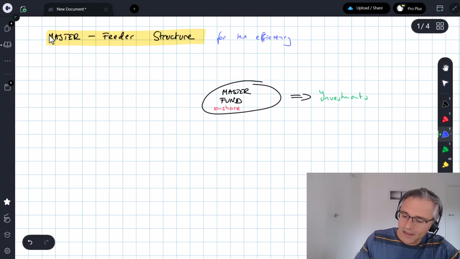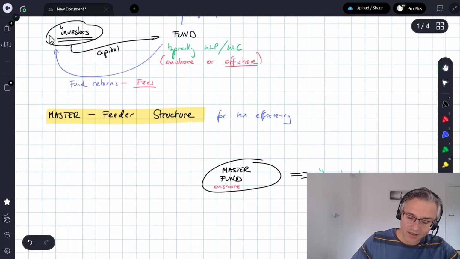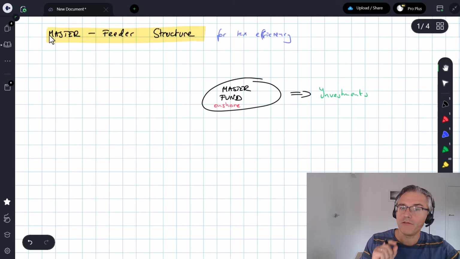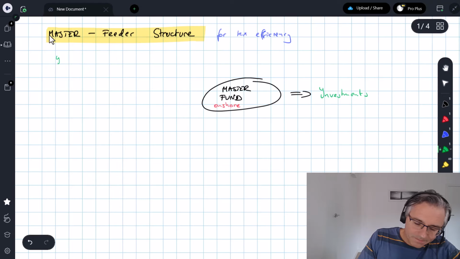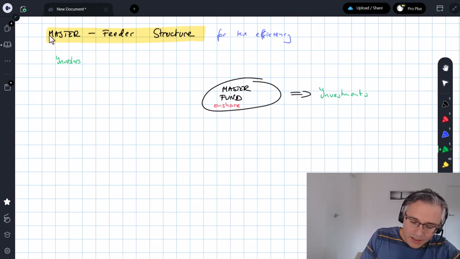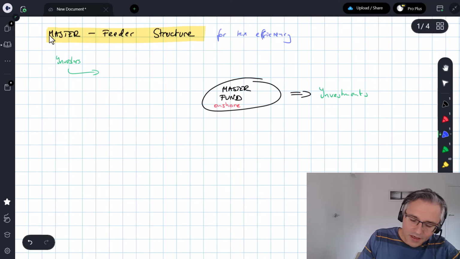However, the providers of capital, i.e. the investors, they don't put money directly into this master fund. The investors put money into what's known as a feeder fund.